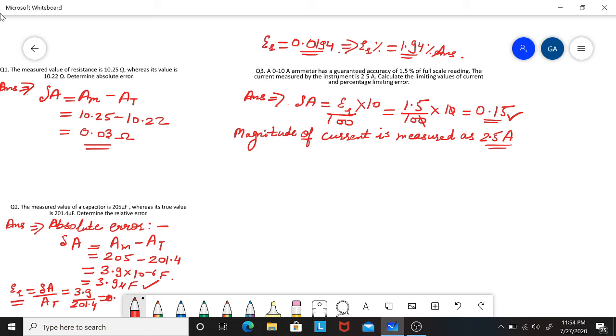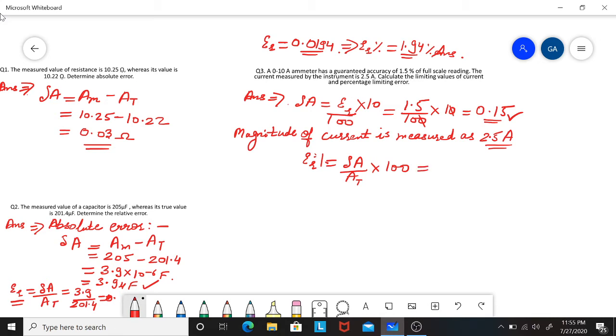So now we have to calculate the value. Firstly we'll calculate epsilon r, obviously. How can we calculate epsilon r? Delta A upon A_s, the value which is there, into 100, if we are talking about percentage.